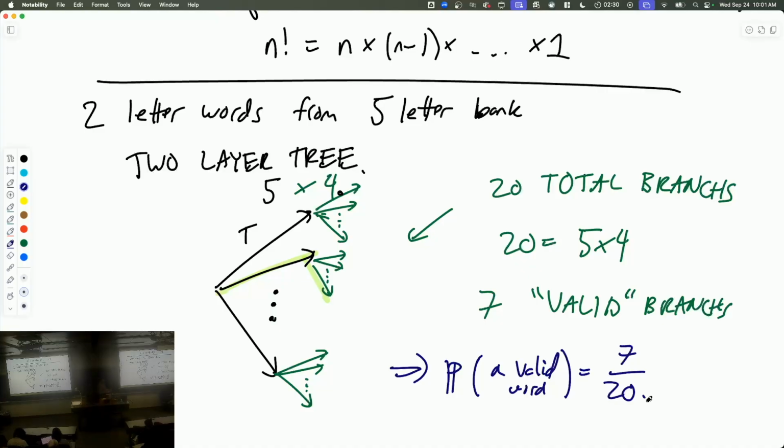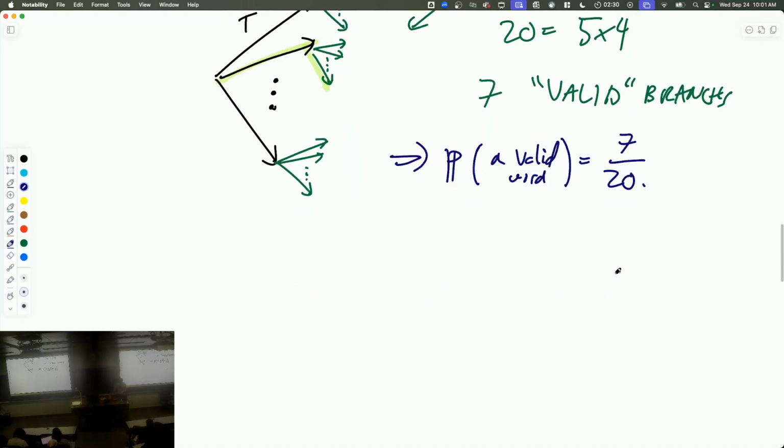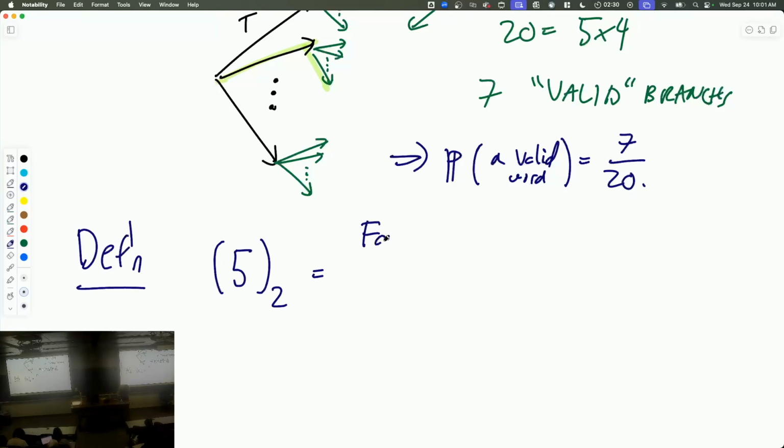This thing also has a name. The new definition of this kind of thing, I call the falling factorial. There are lots of different notations, but I write it like this. This is the falling factorial starting at 5. So it's 5 times 4, and you keep going down until you've reached 2 terms.